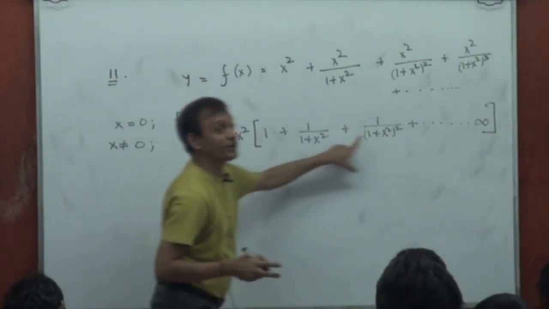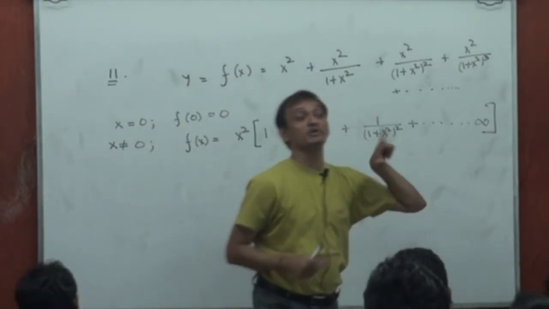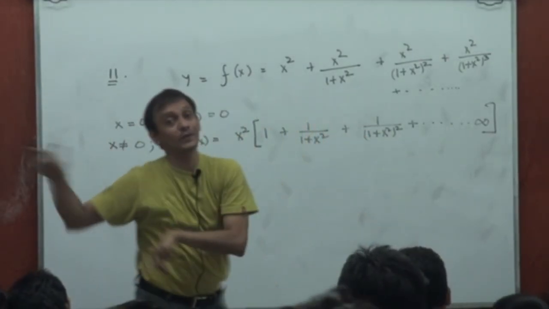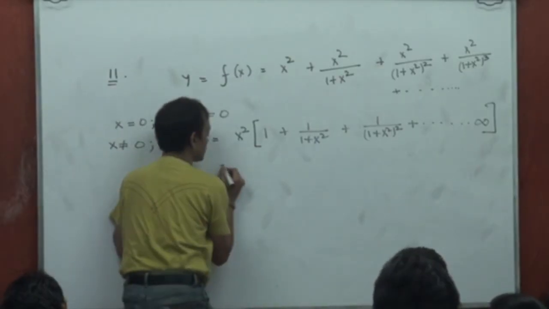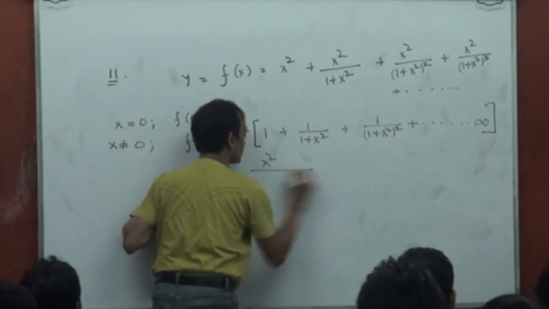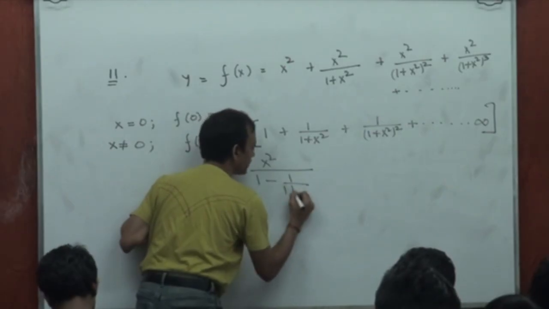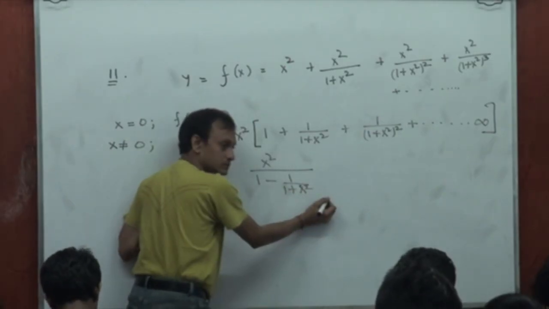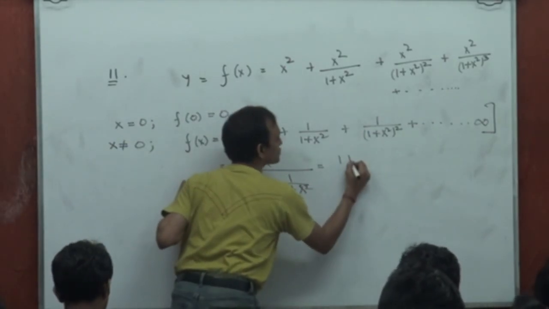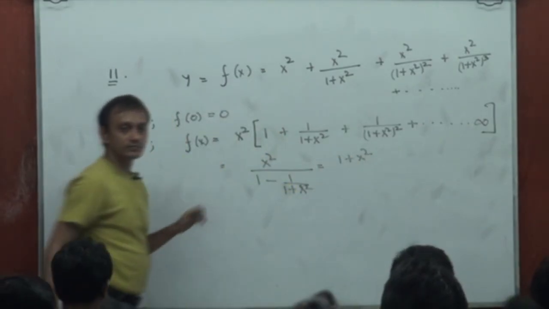This is an infinite GP series with common ratio 1 by 1 plus x squared. The sum is 1 by 1 minus r. This will be 1 plus x squared.